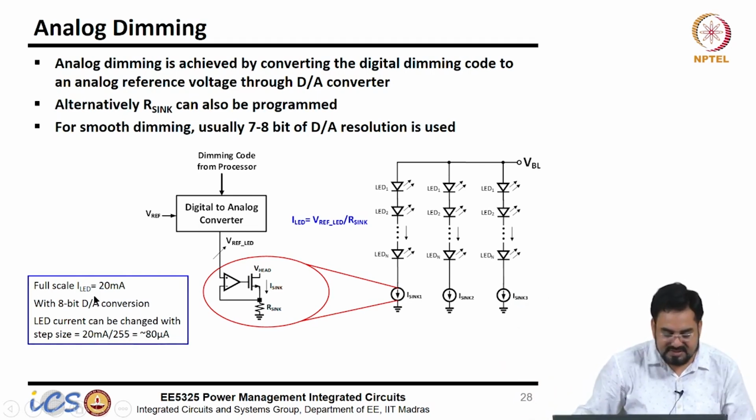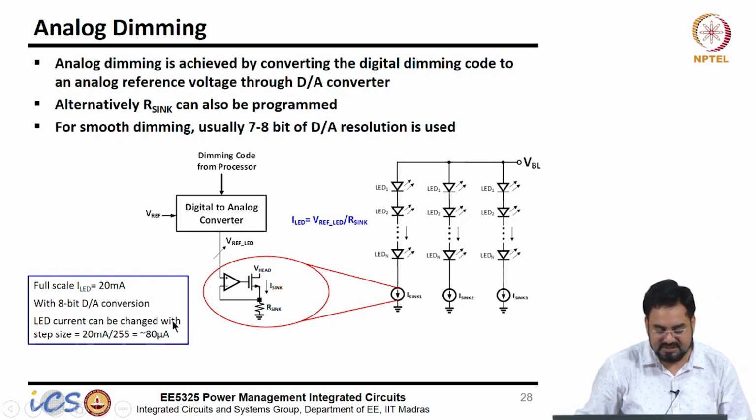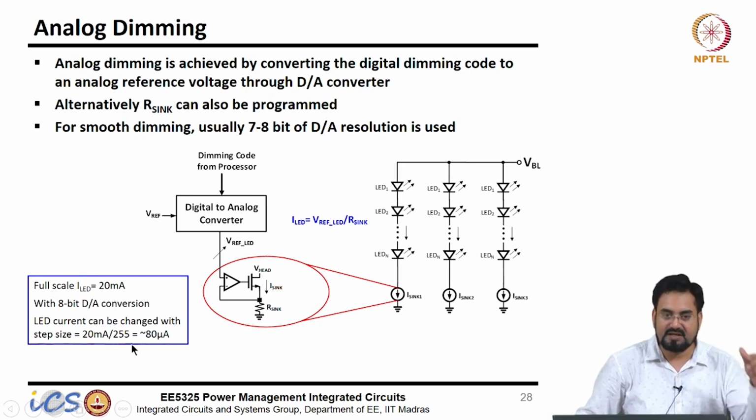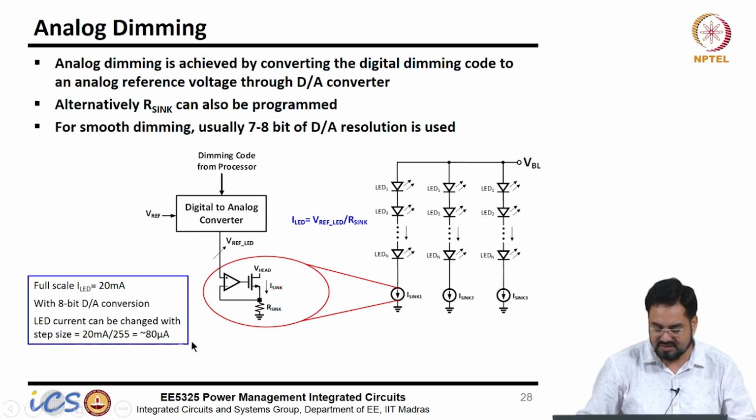If the full scale LED current is 20 milliamp and we want 8 bit D2A conversion, the LED current can be changed with a step size, what we call the LSB, least significant bit, of 20 milliamp divided by 2 to the power n minus 1. So 255 levels we get. So you have roughly 80 microamp, slightly less than that but close to 80 microamp.